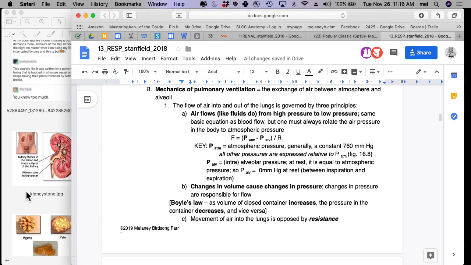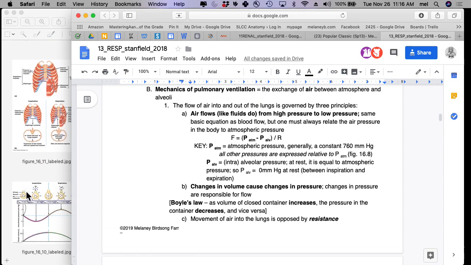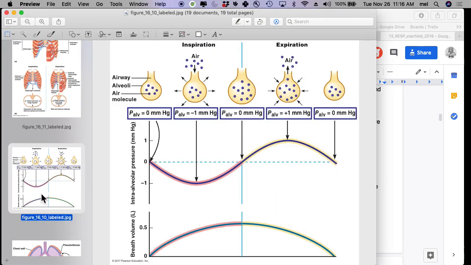So look here. Just conceptually, here is what is going to happen. As alveolar pressure drops below atmospheric pressure, which is the zero because that's the constant, then air is going to move in. That's inspiration. Here's between breaths. It's the same, so no air is moving.